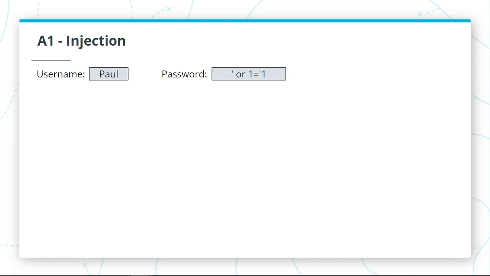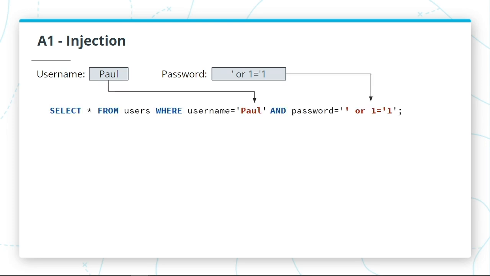So when I do my SQL injection, my username can be Paul, and my password would be single quotation or 1 equals 1. On the back end, when I input this, it's going to be shown as this. My username is Paul, which is fine, but for the password, on the back end, it has a single quotation representing the input of a user string. But I have manipulated that with my single quotation to close the string. So essentially, password equals a blank string.